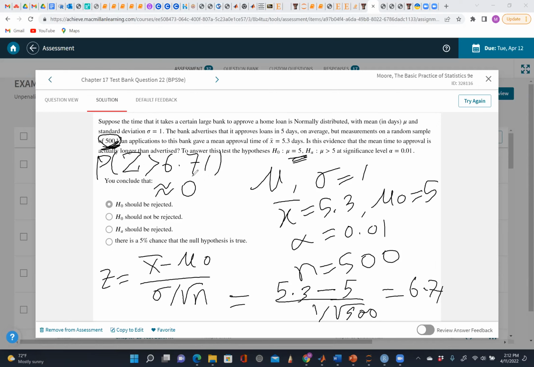The probability is close to 0, so it is less than alpha. For alpha equals 0.01, the p-value is less than alpha, so we reject the null hypothesis. That means H0 should be rejected. So this is the correct answer.